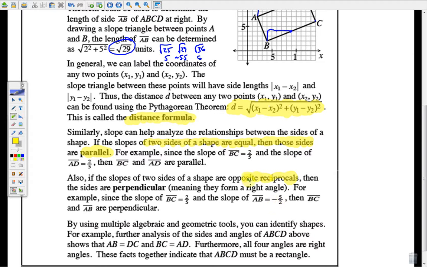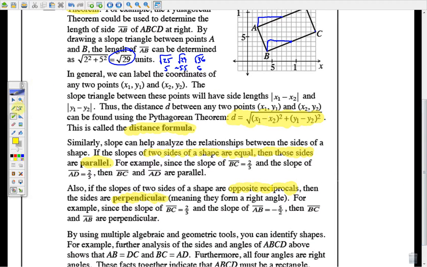So opposite reciprocals equal perpendicular slopes. And we already saw that this slope had to be 5 over 2 because that was the 2 and 5 we used in our Pythagorean theorem.